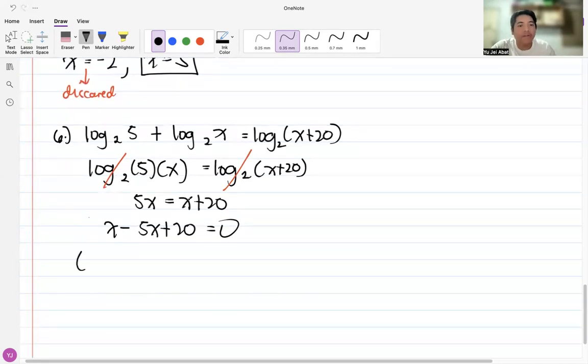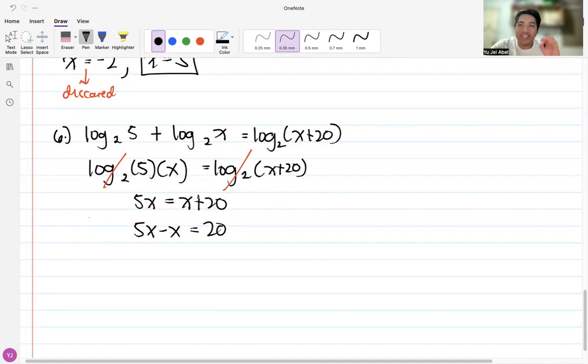Is it going to be factored? No, it's not going to be factored. I'm sorry. It's 5x minus x equals 20. I overlooked that as an x squared, but there is no x squared.